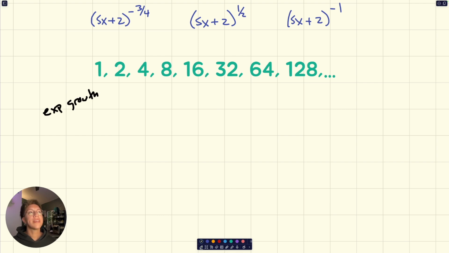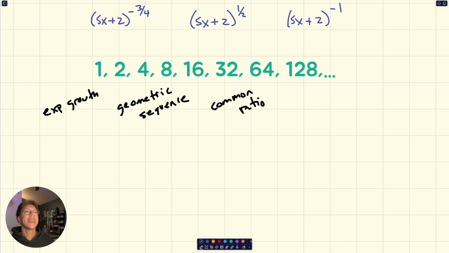If you said that this was a geometric sequence, that would also be correct. If you said there's a common ratio, even better. If you said that as we move from one number to the next, we're multiplying by 2 each time, and you said our r is equal to 2, that would be the best possible answer.